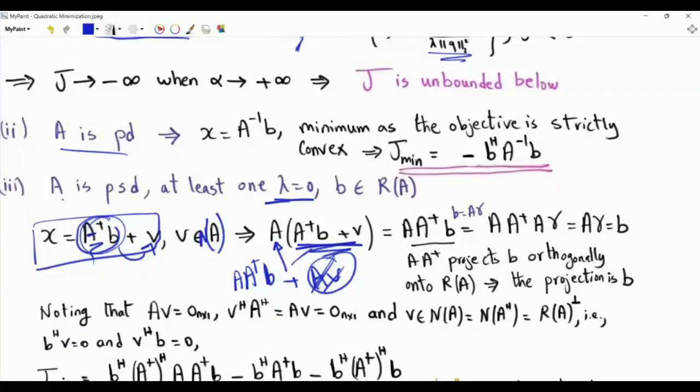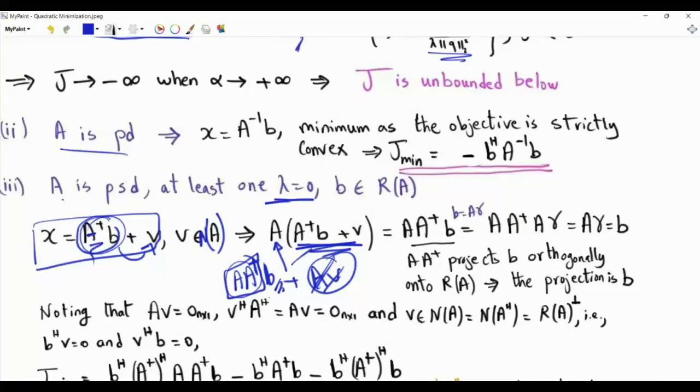And then we will have A times the Moore-Penrose pseudo inverse of A times B. And this is the matrix that orthogonally projects onto the range of A, or onto the column space of A. Which means that if vector B is indeed in the range of A, then this matrix times vector B will give vector B itself.